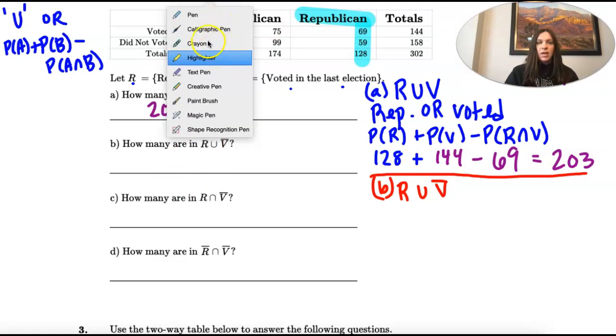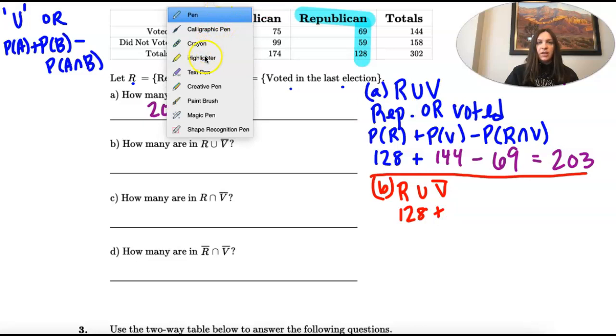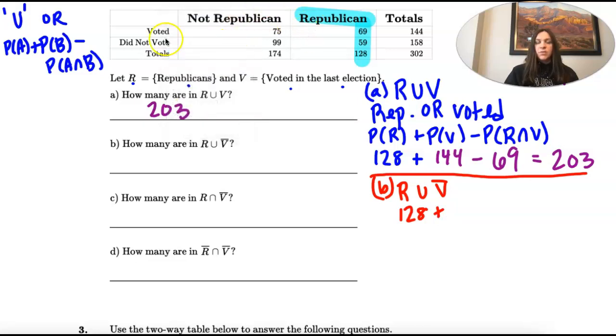It's 128. Plus, how many are in not V? Okay, so it's not V, so I'm not going to do voted. I'm going to do not voted. It's the opposite. Okay, and in there we have 158.